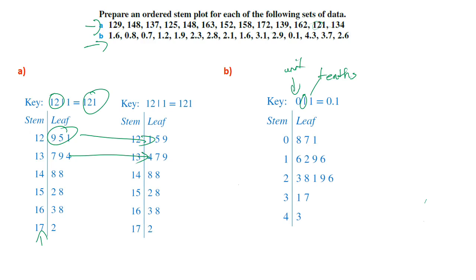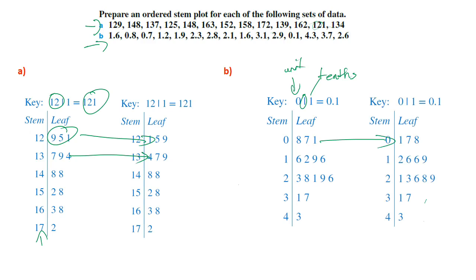Our line is representing the decimal point. Then we just go, so it's 0.8, 0.7, etc. Again, we need to make sure they're in ascending order. So that's been changed. That's now in ascending order, and the rest I don't need to touch.